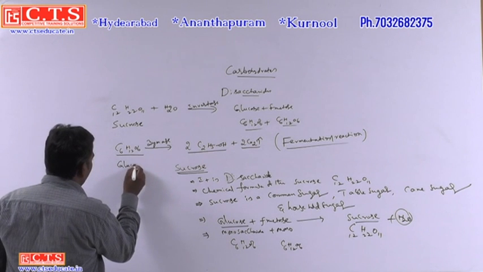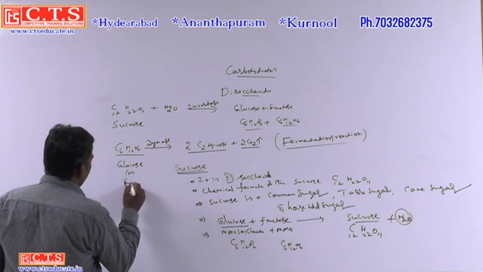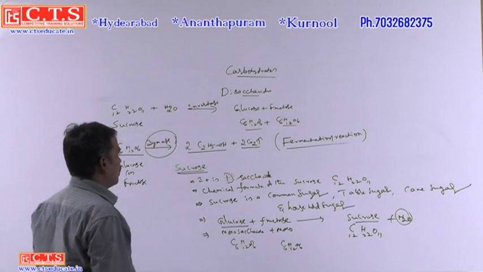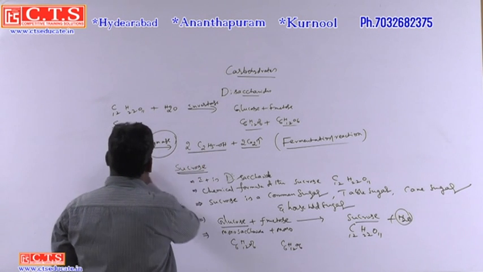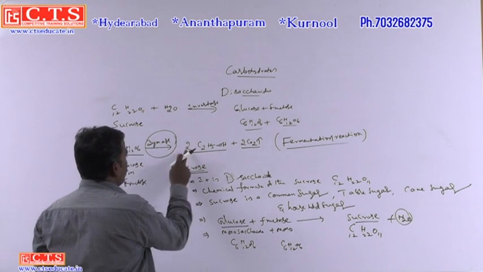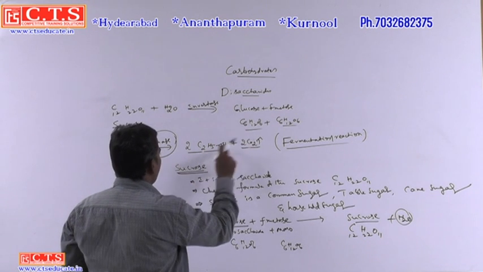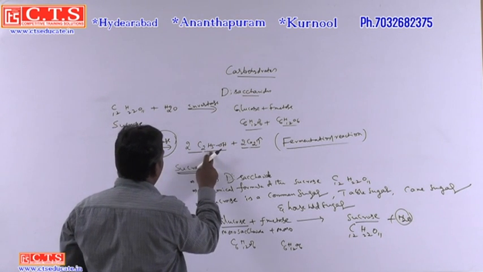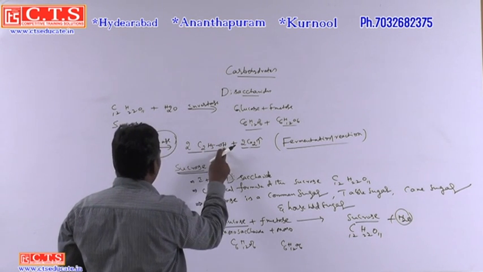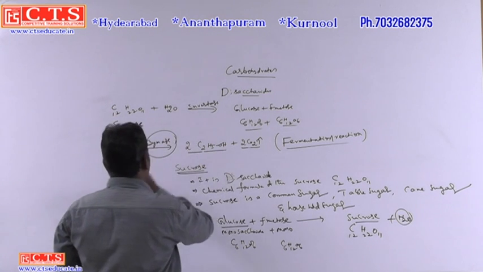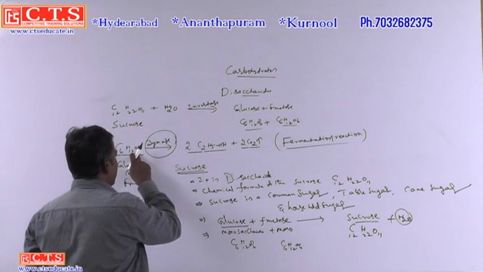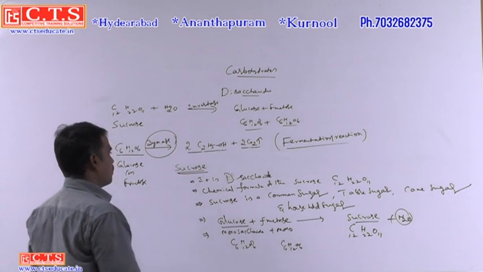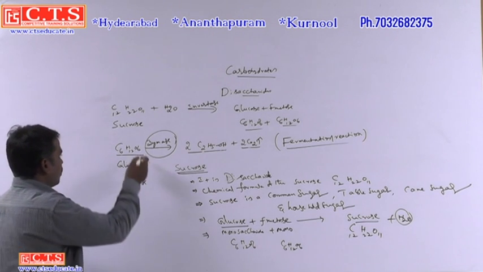C6H12O6, it is glucose or fructose, in the presence of zymase enzyme gives 2 moles of ethyl alcohol: carbon, 2 twos are 4 plus 2, 6, C6; hydrogen, 2 fives are 10 plus 2, 12; oxygen, 2 oxygens, 2 twos are 4, 4 plus 2 is equal to 6.